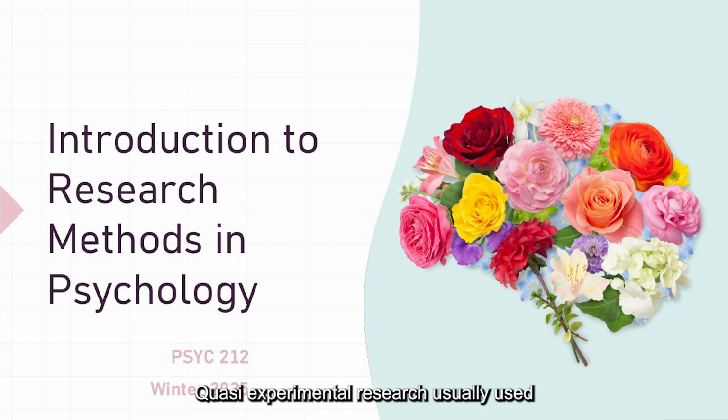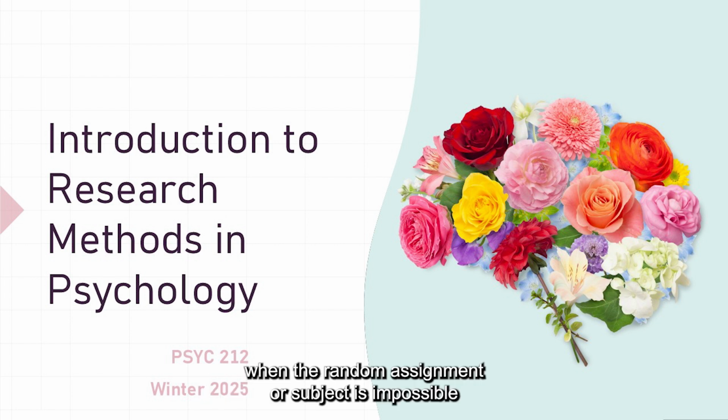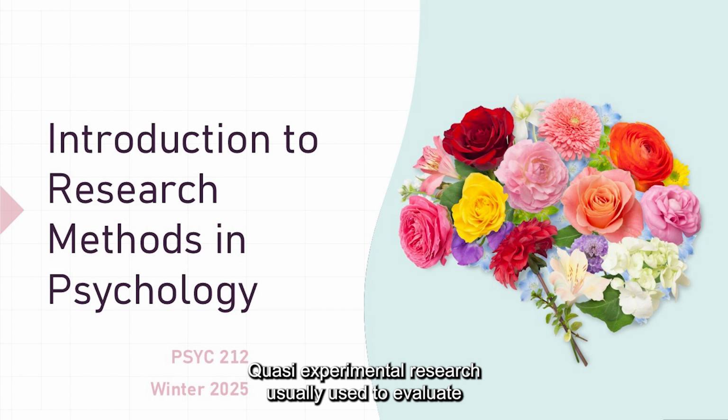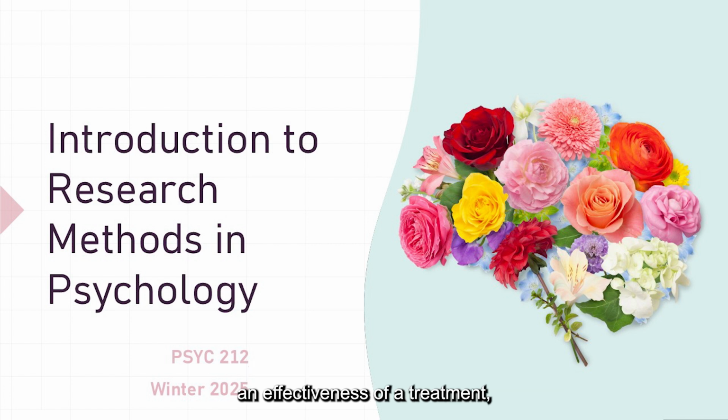Quasi-experimental research is usually used when the random assignment of subjects is impossible because of ethical or practical reasons. It is usually used to evaluate the effectiveness of a treatment, for example, a psychotherapeutic or educational intervention.